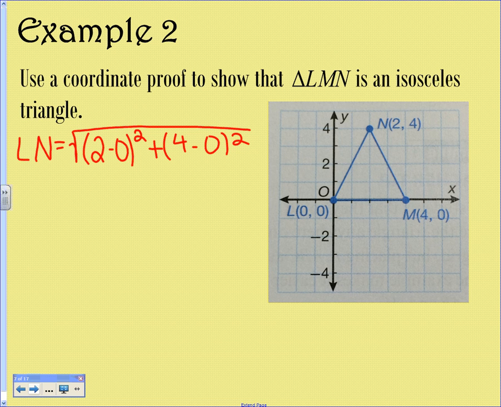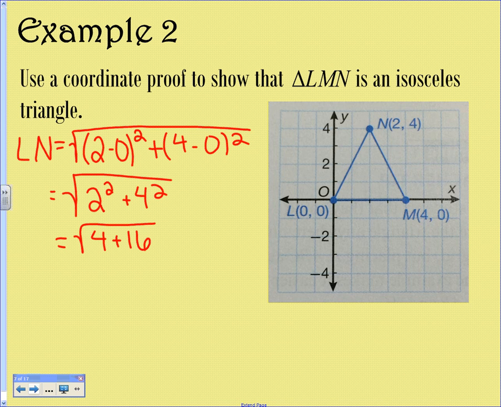Okay, so you have 2 squared plus 4 squared. Four plus 16, which is 20. 2 square roots of 5. Y'all remember your distance formula? Okay, now what?